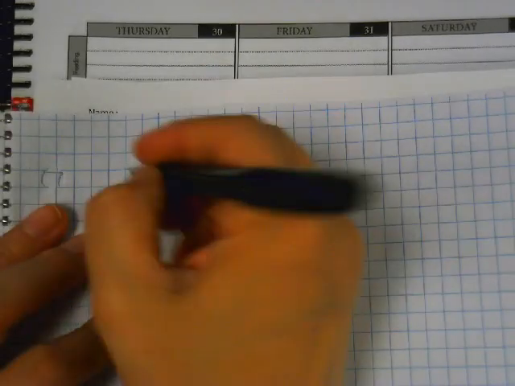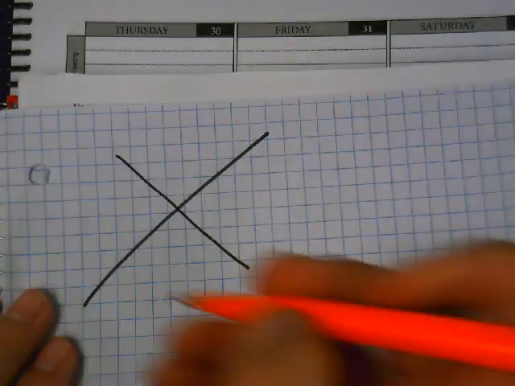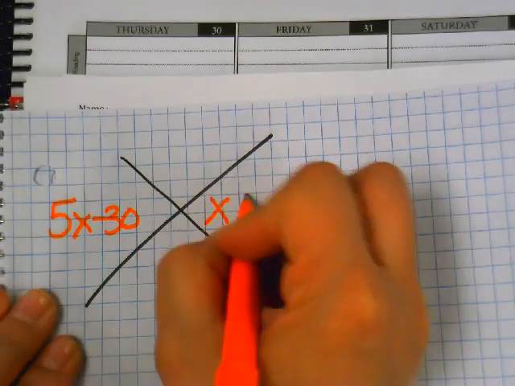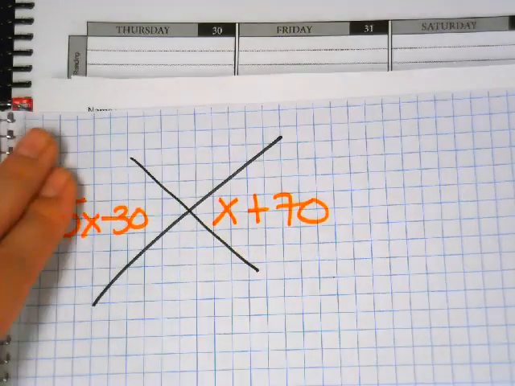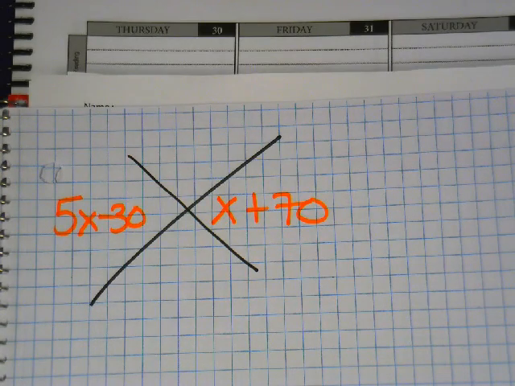Crisscross. This angle is 5x minus 30, and this angle is x plus 70. You should be able to write down the math problem without even thinking.